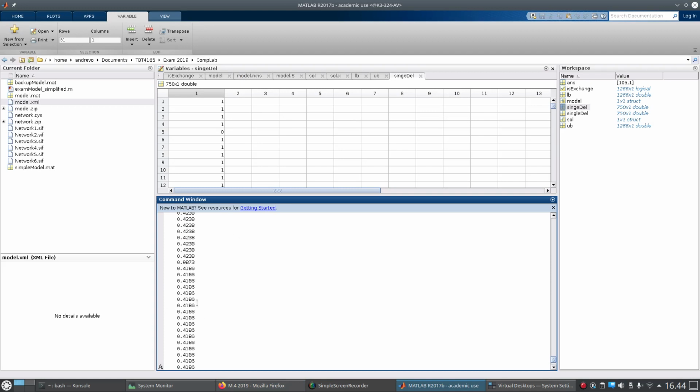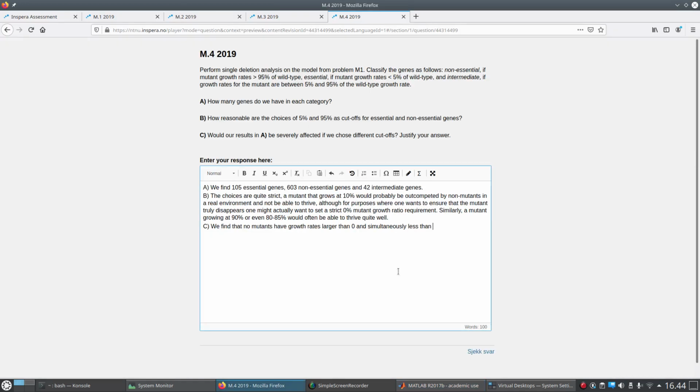I think it's this 0.4186. Yeah, and less than 0.4186. So most reasonable variations on the lower cutoff would not have a significant effect.